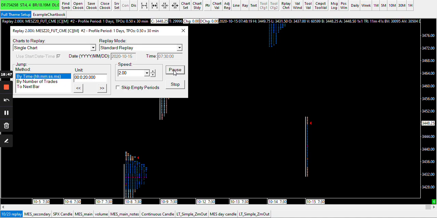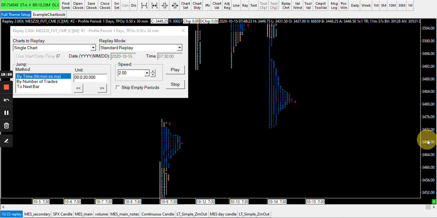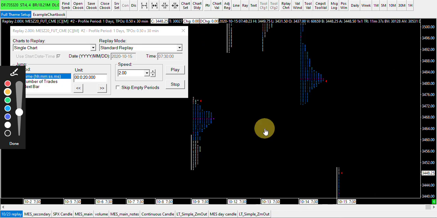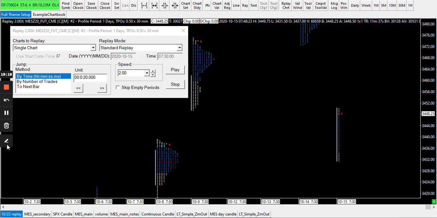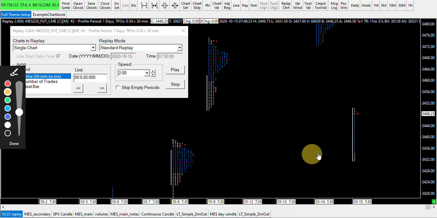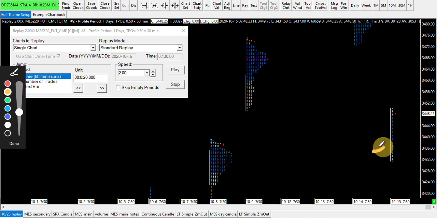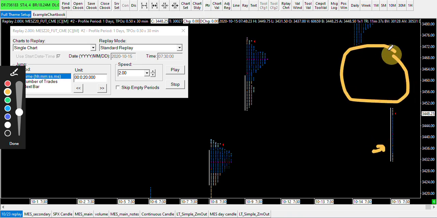All right, it didn't quite back me up, but anyways, what I'm trying to show in this one is that on 10/14, on October 14th, we had the low here, and then we had the open down here. And then this is our gap.